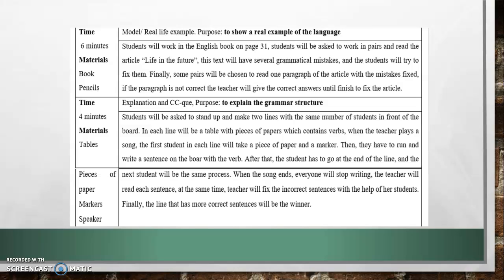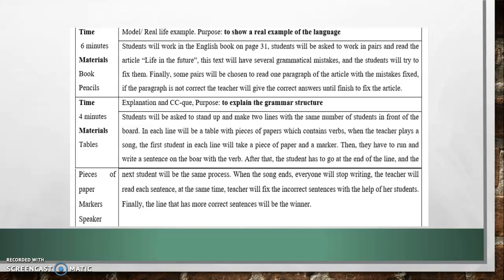And the last activity for the presentation is explanation and CCQ. The purpose is to explain the grammar structure. Students will be asked to stand up and make 2 lines with the same number of students in front of the board. In each line there will be a table with pieces of paper which contain verbs.